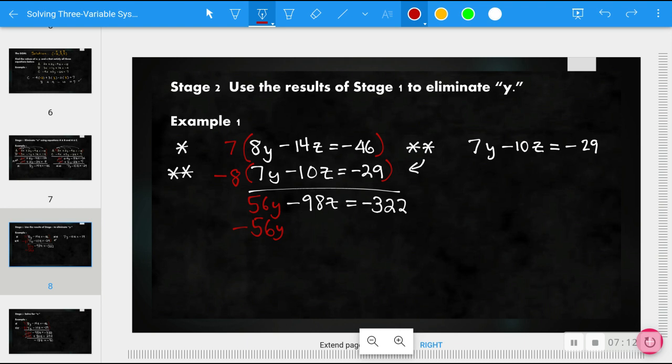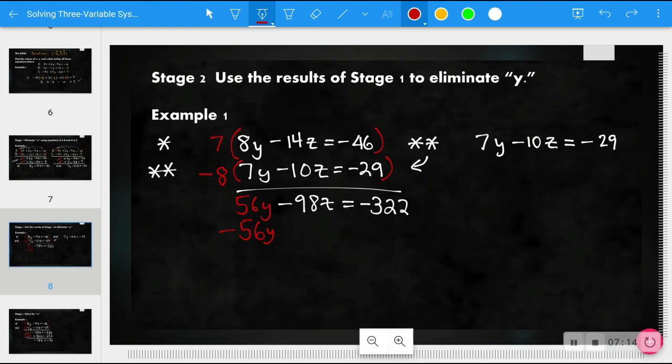And that, when you multiply it through, gives 80z. And on the other side, 8 times 29, let me see what that is on my calculator. 232.